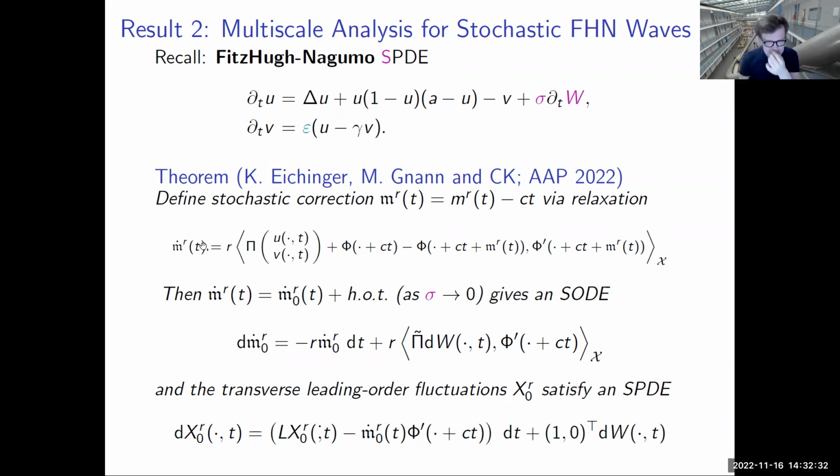This equation is basically this random ordinary differential equation that tells you you're supposed to relax your marker profile to the actual, best possible or closest deterministic wave. And you're supposed to relax with a certain rate R that you can specify as a parameter. Then you actually can show that this marker satisfies indeed the stochastic ordinary differential equation.